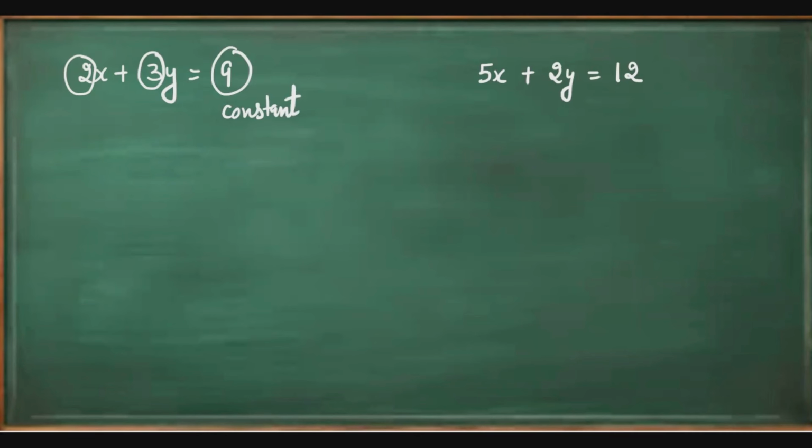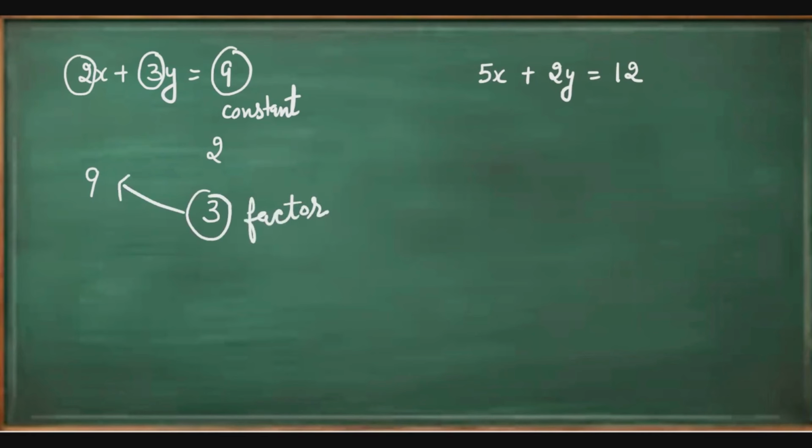Now we have to check which coefficient, either of x or y, is a factor of the constant number. So here constant is 9 and we have coefficient of x as 2 and the coefficient of y as 3. So out of 2 and 3, 3 is the factor of 9.